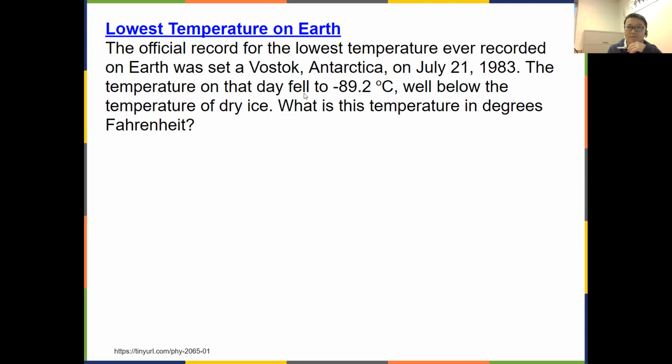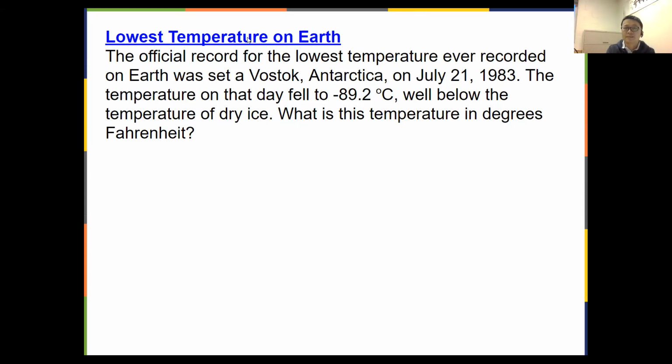The temperature on that day fell to minus 89.2 degrees Celsius, well below the temperature of dry ice, which is about minus 44 degrees Celsius. It's asking what the temperature is in Fahrenheit. So the known here is the temperature in Celsius, minus 89.2. So we'll just write that down.